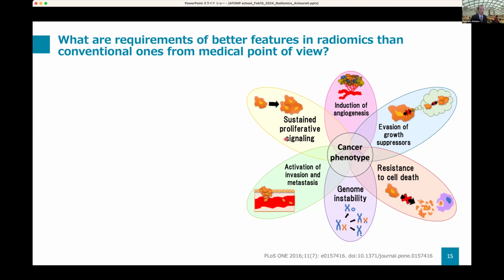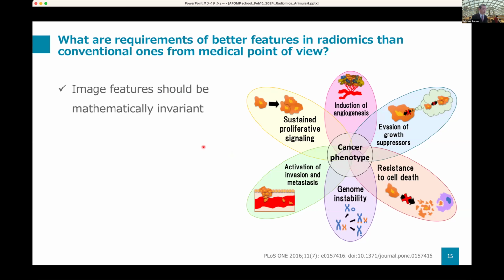From a medical point of view, we need image features which satisfy the cancer phenotype. Cancer phenotype includes induction of angiogenesis, invasion, evasion of growth suppressors, resistance to cell death, and so on.